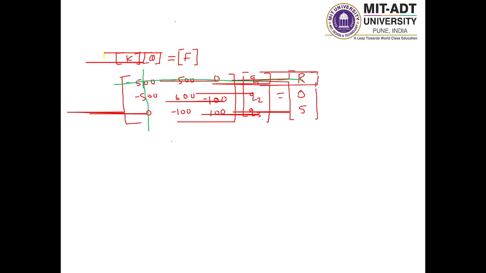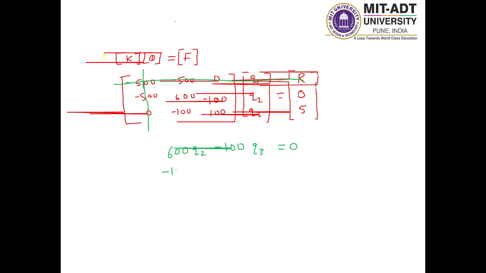So this is called the elimination approach. Now the rest which remains here is 600 q2 minus 100 q3 will be equal to 0.